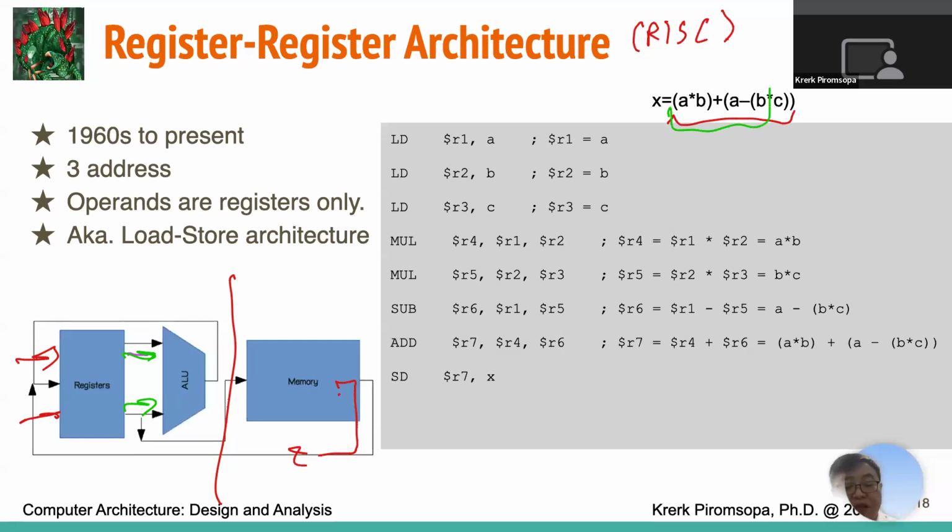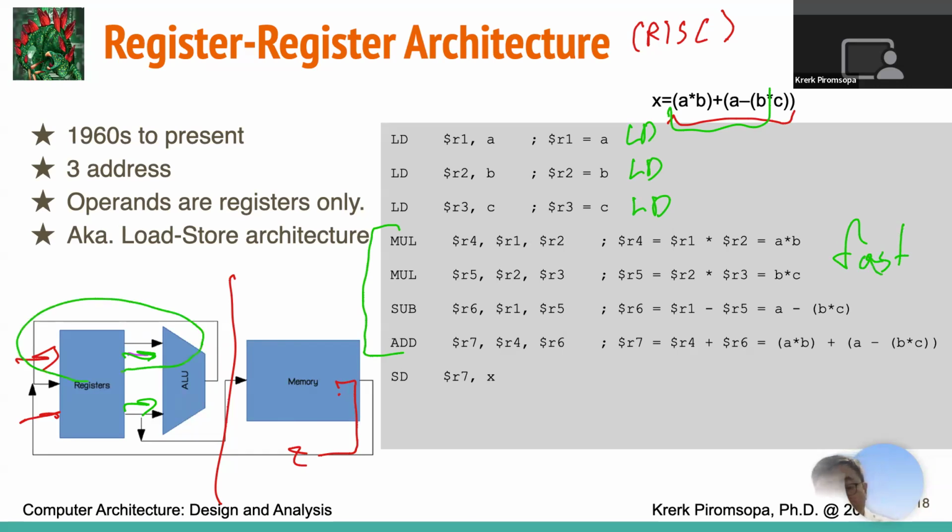You have to first load A, load B, load C. But after this it would be very fast because now it's between registers and registers, which is fast.